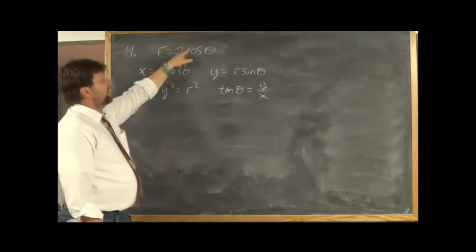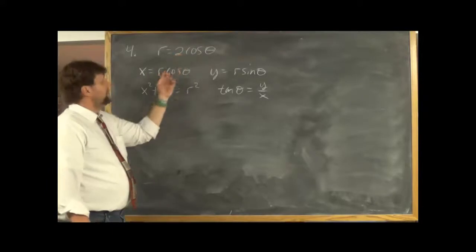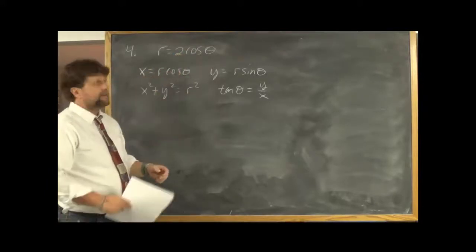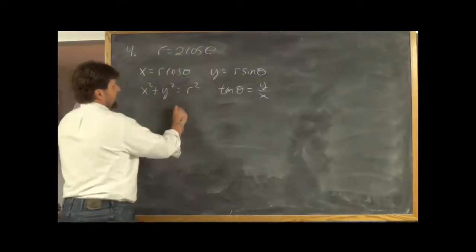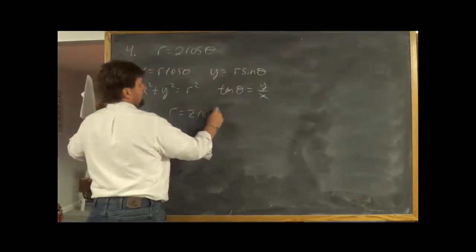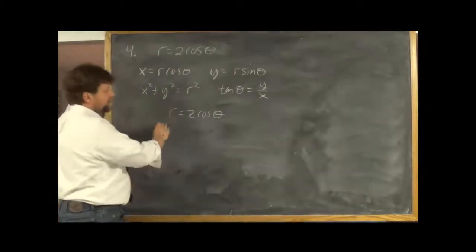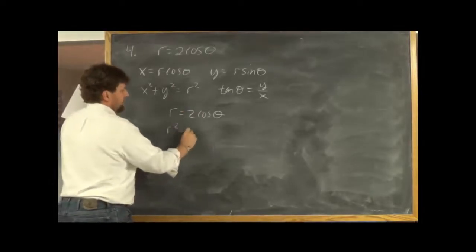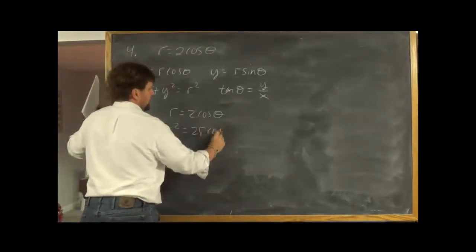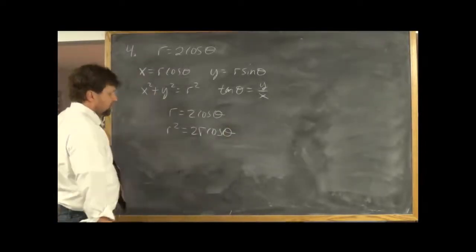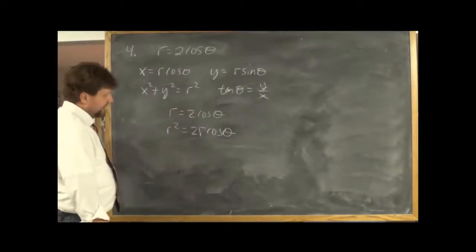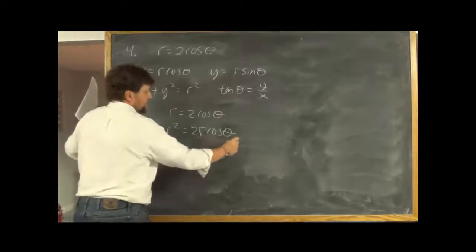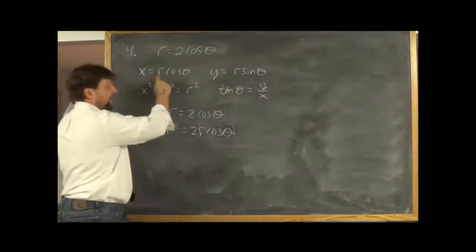So if I only had an r there, I would be able to replace the r cosine theta with x. Well, let's get an r there. Let's simply multiply both sides of the equation by r. So I have r squared equals 2r cosine theta.